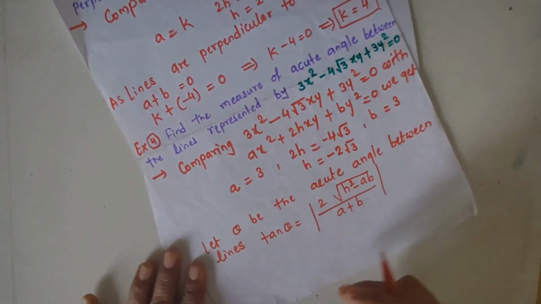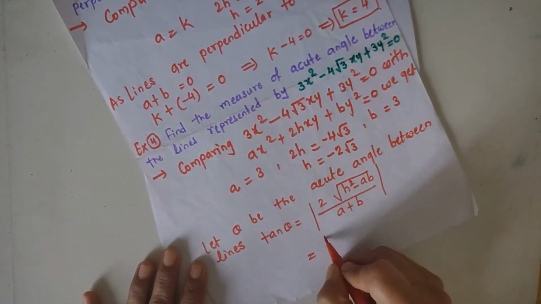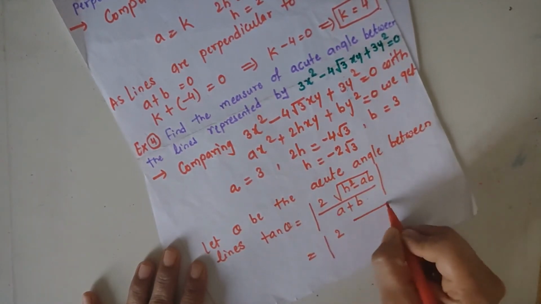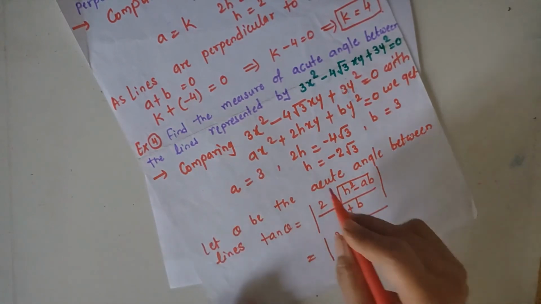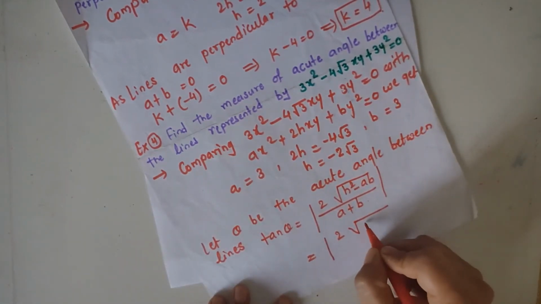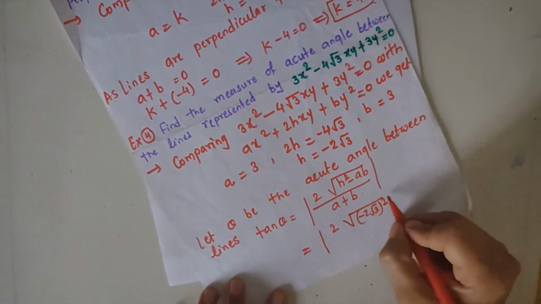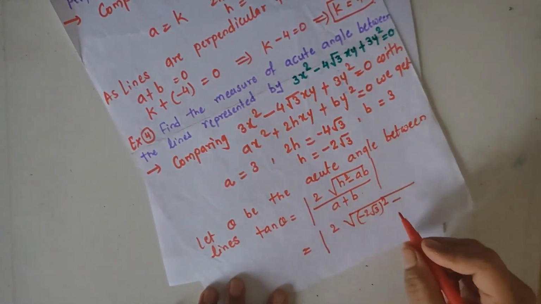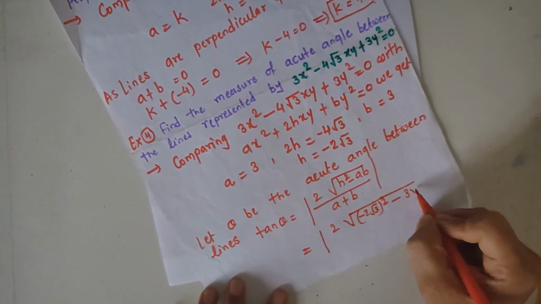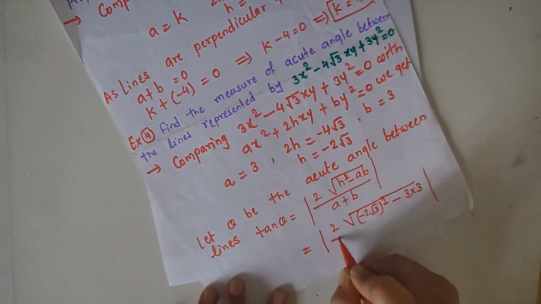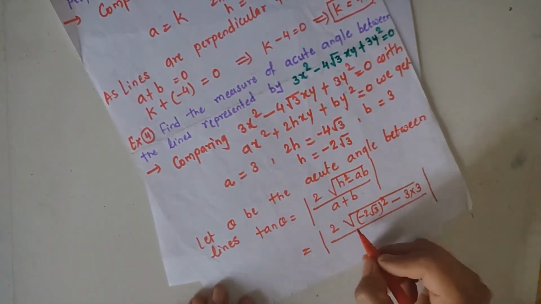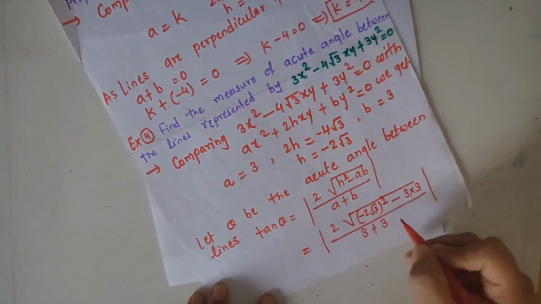Now substituting the values of h, a and b, we get 2 into under root of h is minus 2 root 3, bracket square, minus a into b, a is 3 and b is 3, upon a plus b, a is 3 plus b is 3.